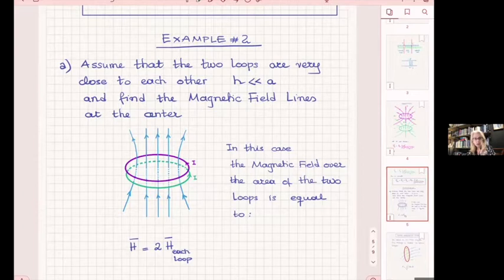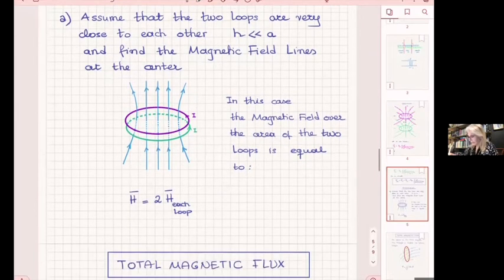It's not like two separate loops. Because they are so close and the magnetic fields are equal for each one of them, and they align perfectly and they sum up, the total magnetic field will be twice the value of the magnetic field that is produced by each loop.